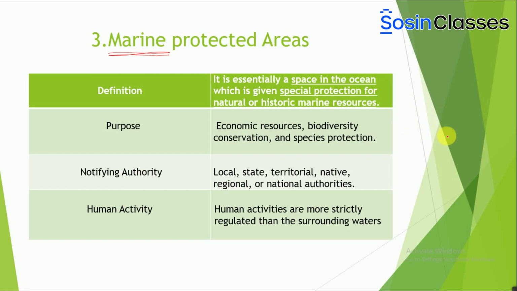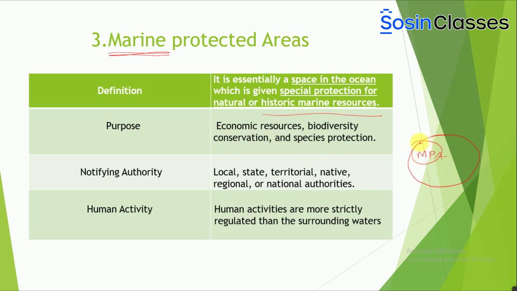If there's a sea and a part of the sea is declared as a marine protected area, it is because this small area has historic marine resources which need to be conserved. So a part of an ocean or sea is declared as a marine protected area.